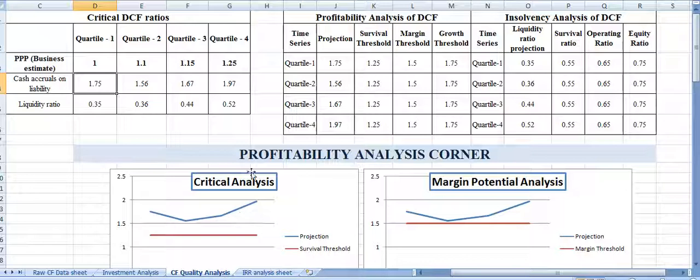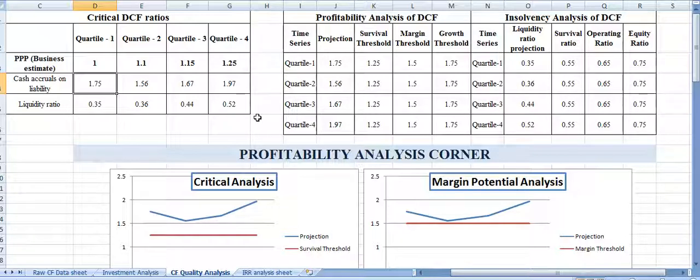The moot question of profitability and sustainability is what we're going to discuss in this session, which would be a concluding session for the series on DCF evaluation.